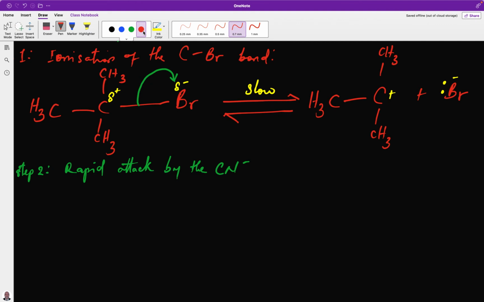The first step is ionization. The ionization is by heterolytic fission. The bromide goes with a lone pair of electrons. A carbocation is formed. Now the second step is what? Because the carbocation is highly reactive, the cyanide attacks the carbocation, donating a pair of electrons and forming a new bond with the carbon. And this is what is happening.